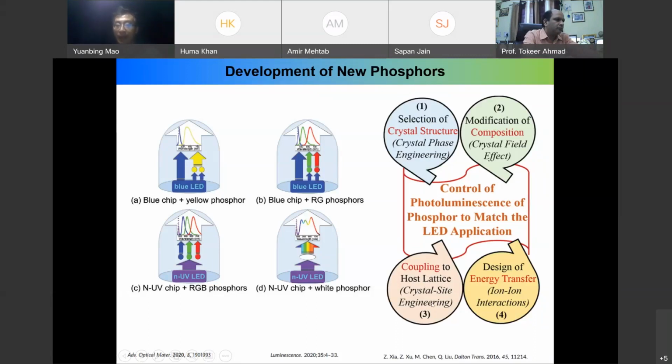And the last one is the design of energy transfer, because we add activators in the phosphor. Those activators cannot be just one, it can be multiple. If we use multiple, then we can tune the ion-ion interactions within the host materials. Those are the different strategies.